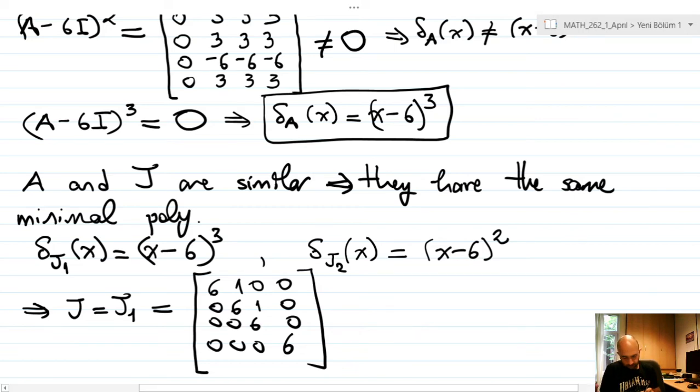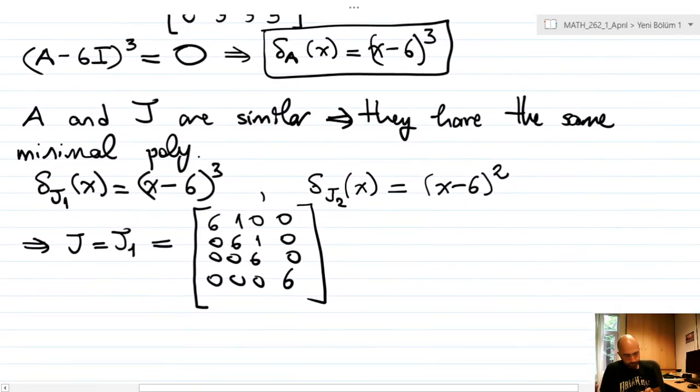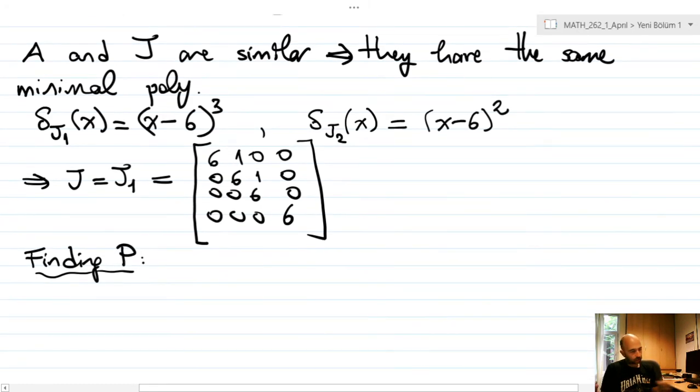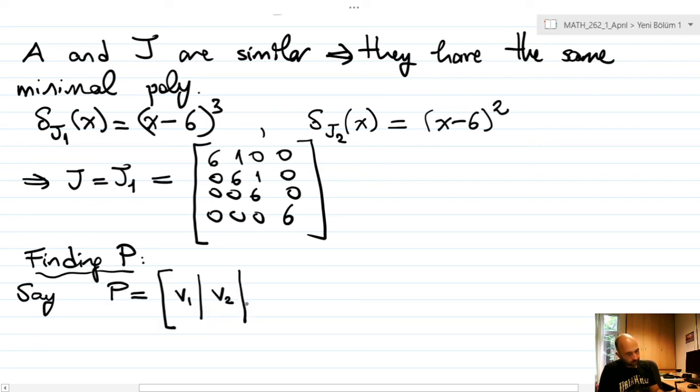Now, the next step is finding P. This part is usually a bit of solving linear systems, but keeping careful track of what happens. So the usual strategy is to write P in terms of its column vectors, v1, v2, v3 and v4.